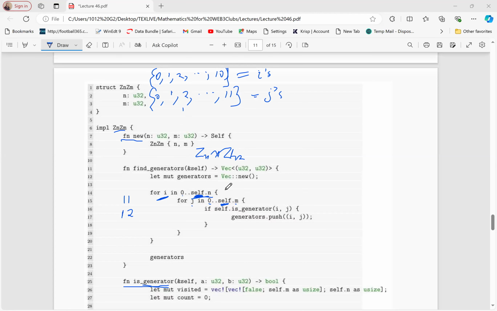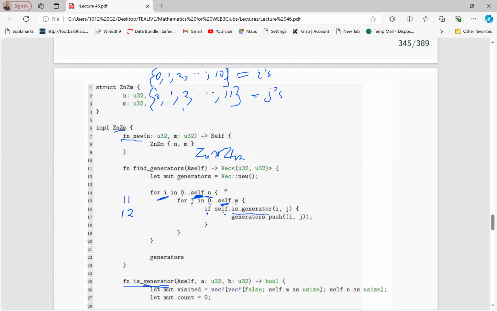Now, for the i's in this range and for j in this range, if self is a generator, so it begins by calling. What you now get, for instance, combine 1 and 1, where I is 1 and j is 1.